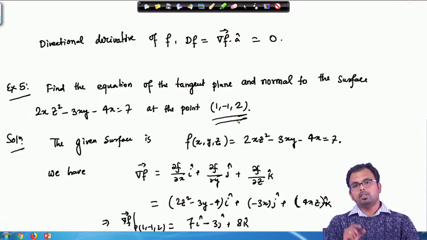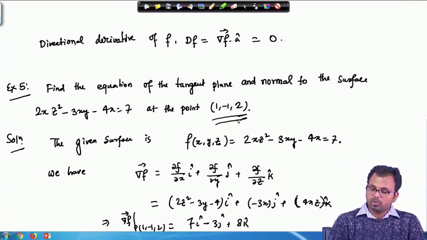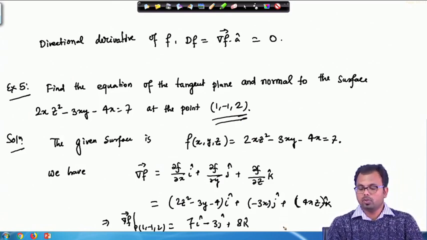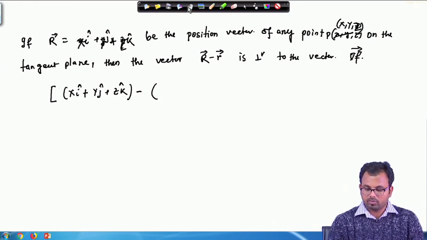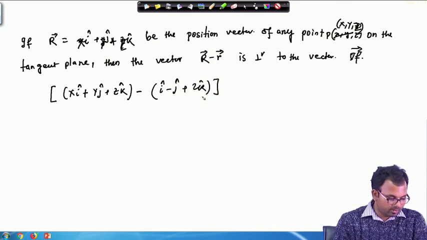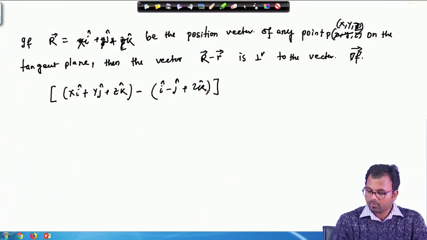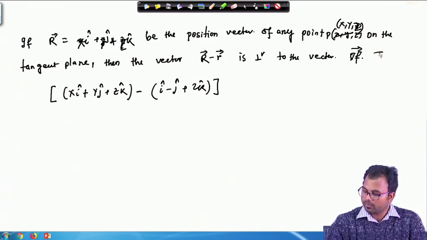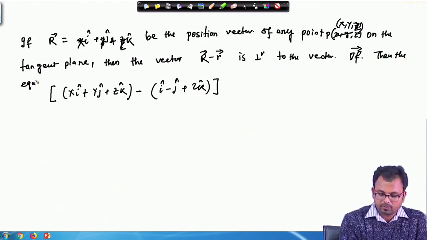We are calculating the tangent plane at a certain point P, and that point is 1, minus 1 and 2. So, I can write i minus j plus 2k, right. And here I have then the equation of the tangent plane.